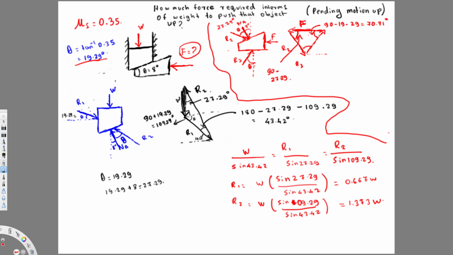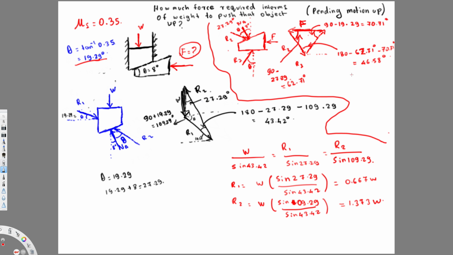That's going to be 180 minus, this is equal to 62.71 degrees. So 62.71 degrees minus 70.71 degrees, which is equal to 46.58 degrees. So we have all three angles.